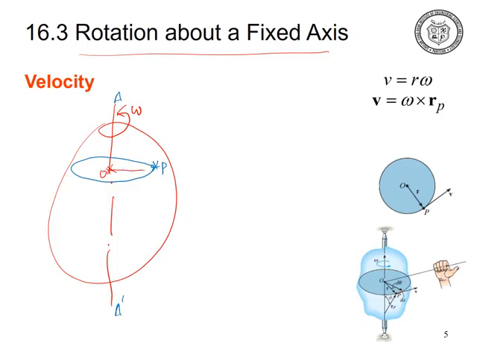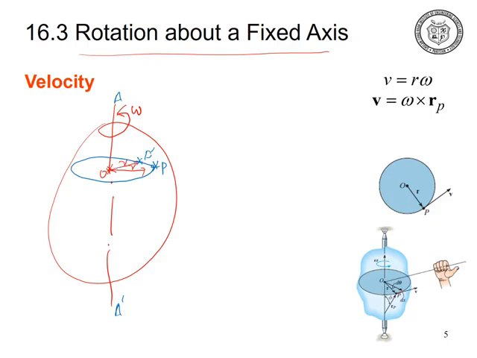It will be R, which is the radius of the circle. After some time, the particle P moves from this location to a new location P prime, and again the location of the particle from the origin is denoted by R.